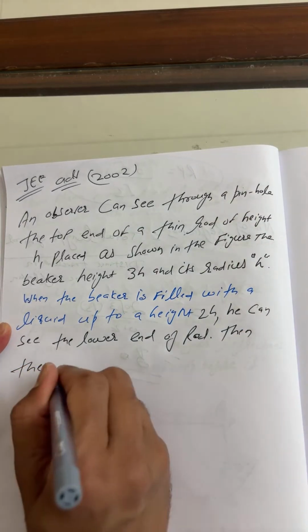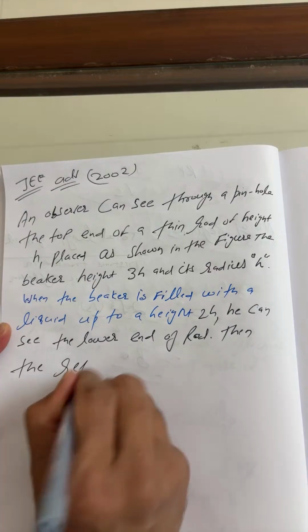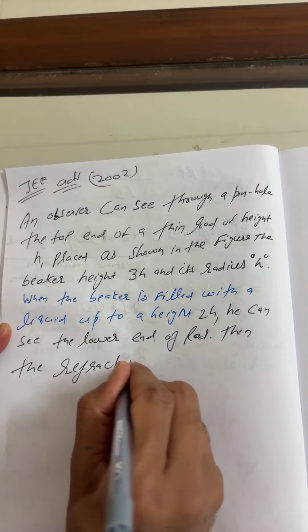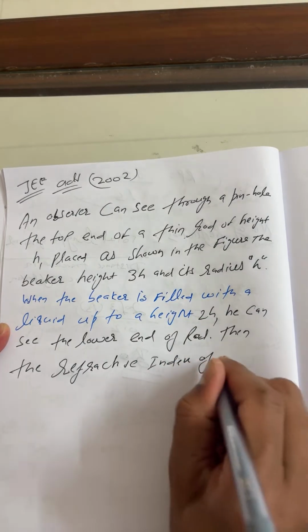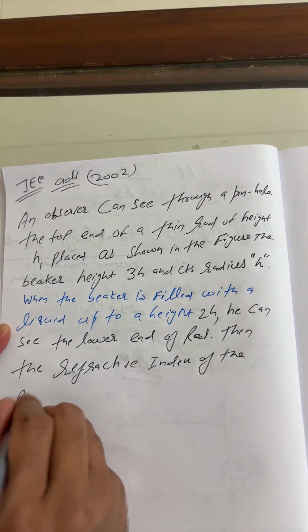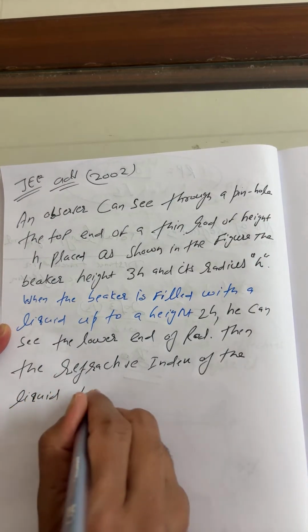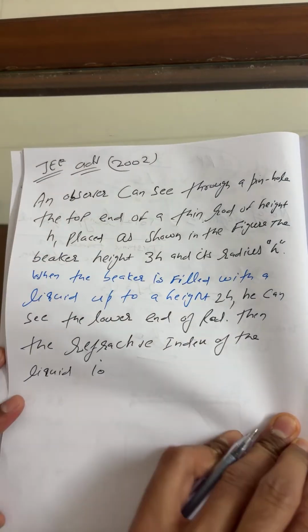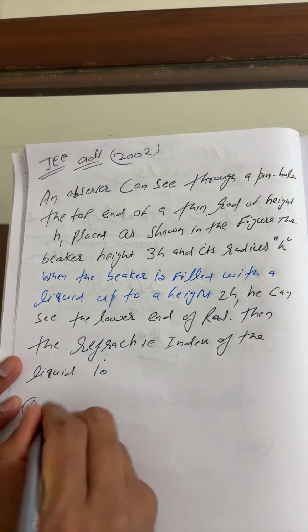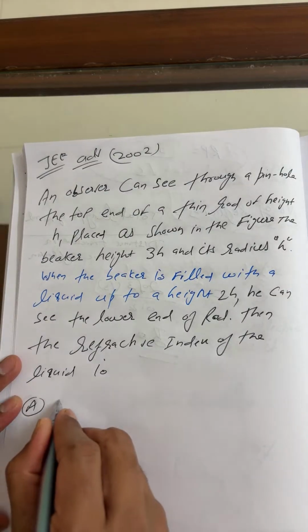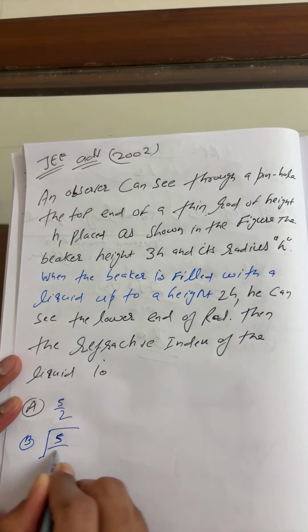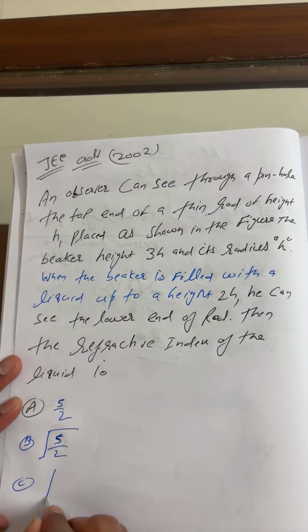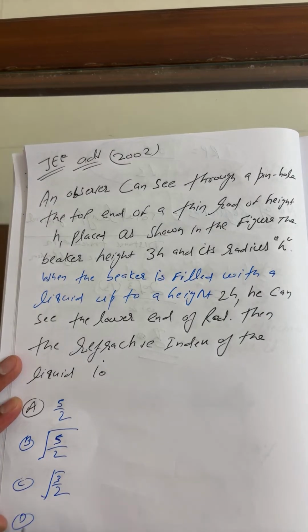Then the refractive index of the liquid is? Yes, beta. Now I'm giving you options. The first option, 5 by 2, second, 5 by root 2, third, 3 by root 2, and the last one, 3 by 2.